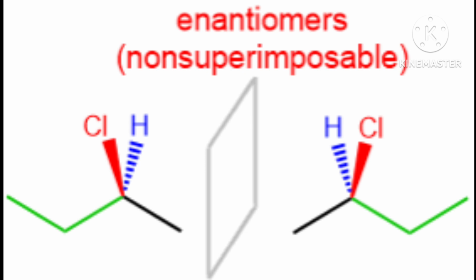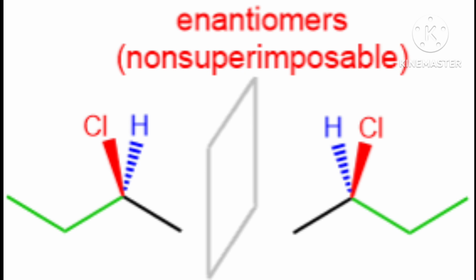Even if two groups are the same, it will be achiral. Then propanol is an example of achiral and butanol is an example of chiral. Their isomers are optically active.